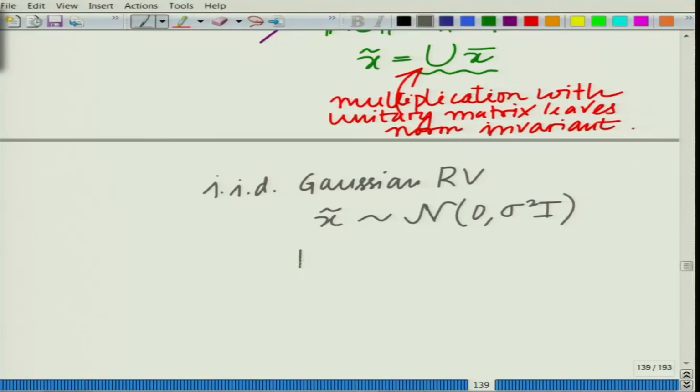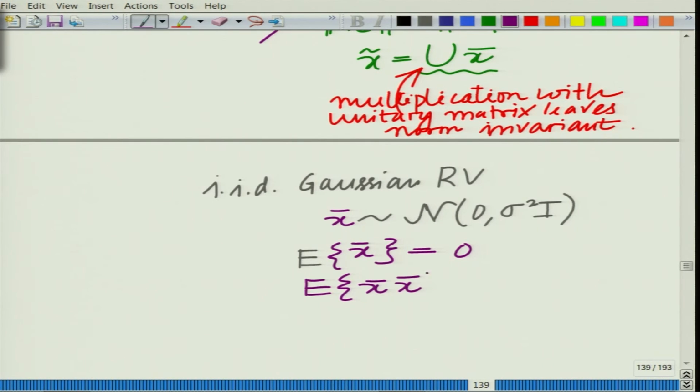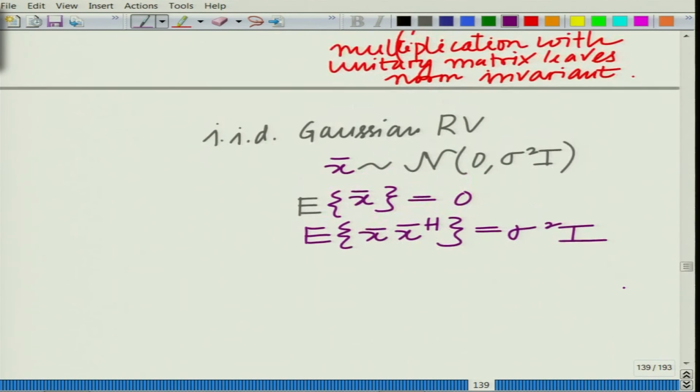So, expected value of x bar equals 0, and expected value of x bar x bar Hermitian equals sigma square times identity.